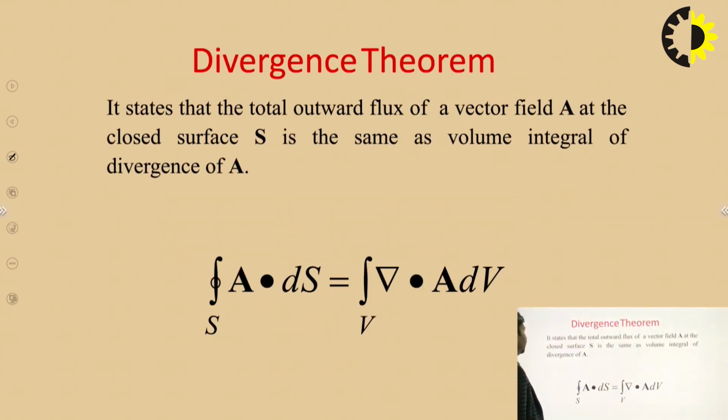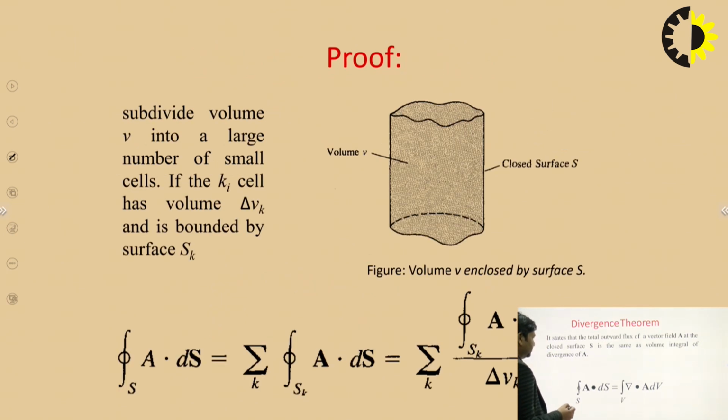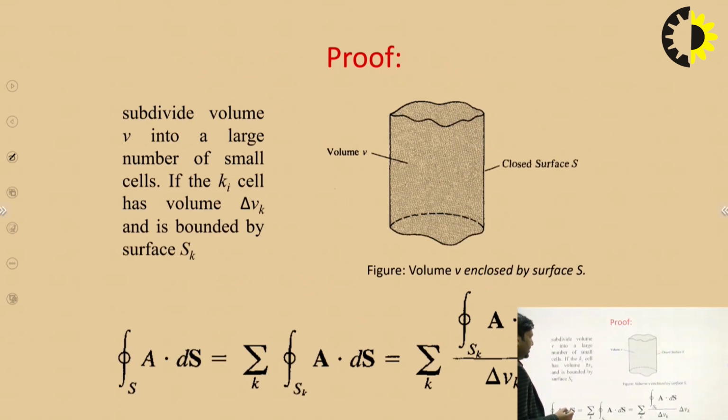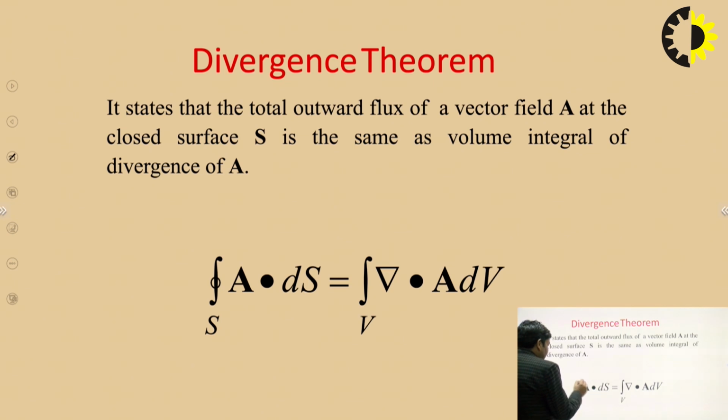So what is the divergence theorem? This is very important. The Gauss divergence theorem, or simply the divergence theorem, states that the total outward flux of a vector field A through a closed surface S is the same as the volume integral of the divergence of that vector. So how do we calculate the total outward flux?